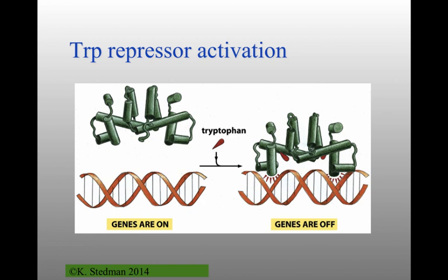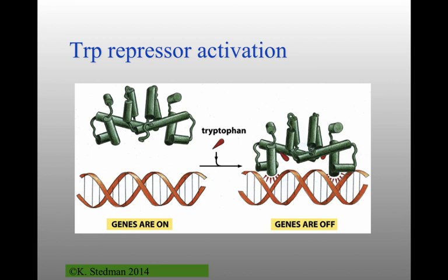When they bind tryptophan through an allosteric process, so binding one part of the molecule changes the structure in another part of the molecule, now you get the DNA binding parts of the molecule in exactly the right position to bind to DNA, surprise, surprise, 10 base pairs apart. So that's what's happening in the case of the trip repressor.